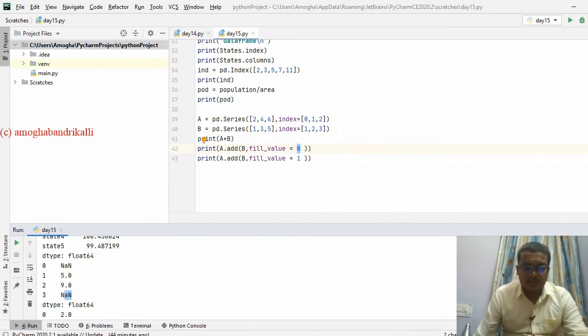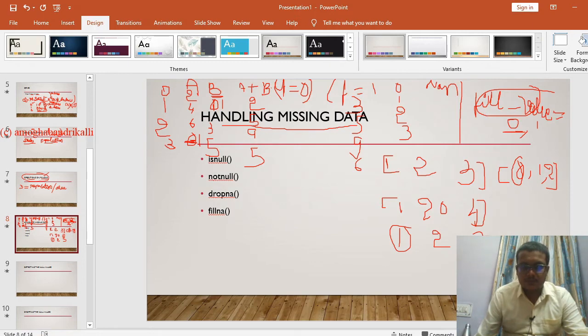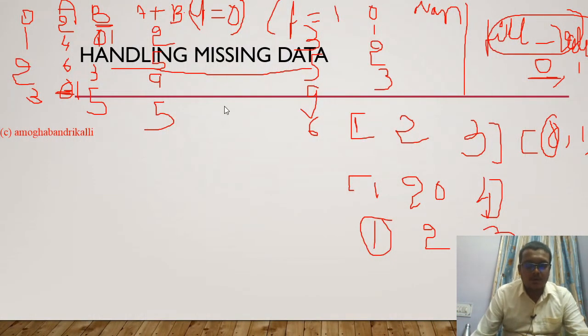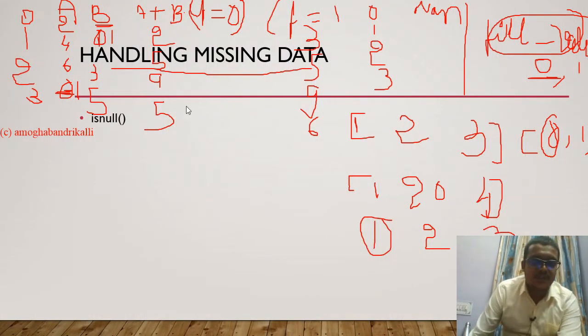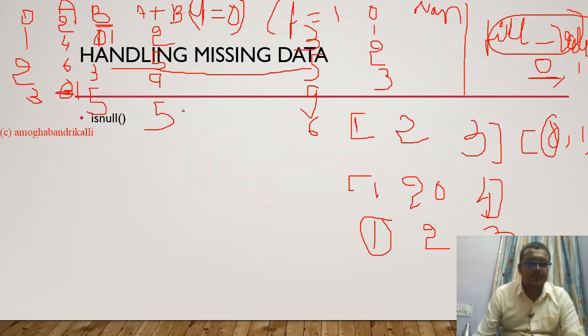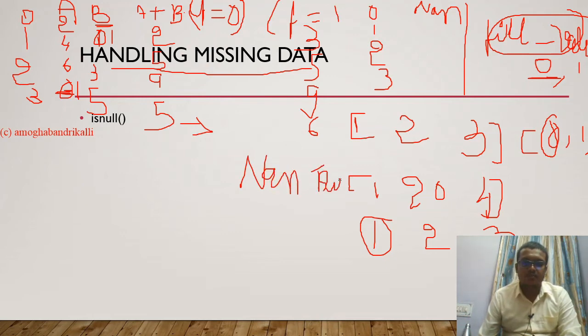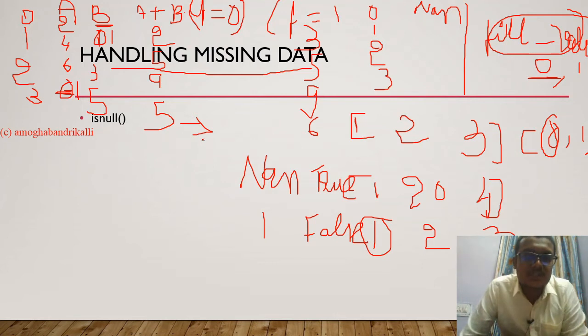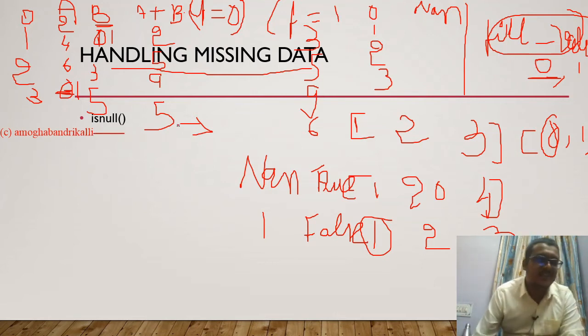So next comes handling the missing data. First one is isnull. Wherever the missing data is there, wherever NaN is there, you are going to get true. If you have any values at that index position, it gives false.